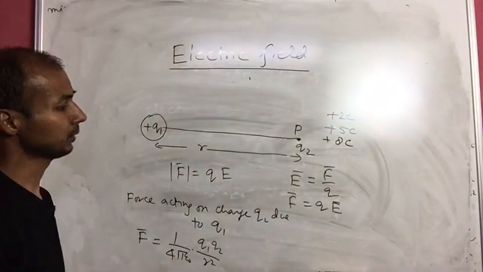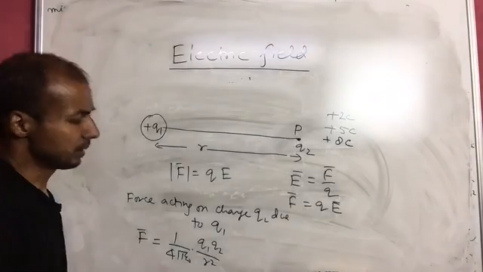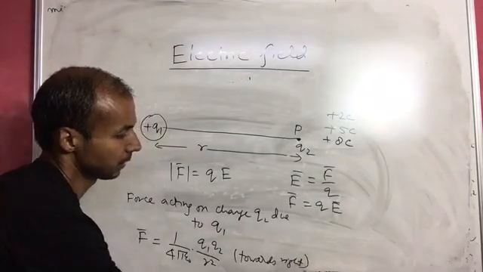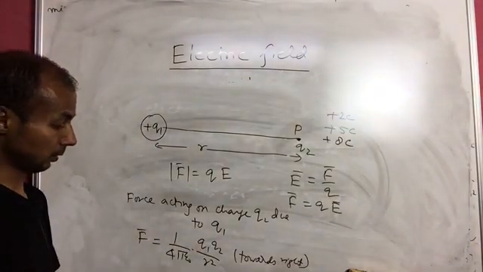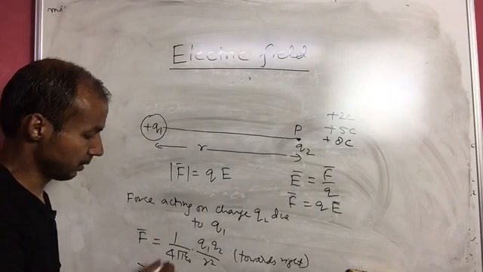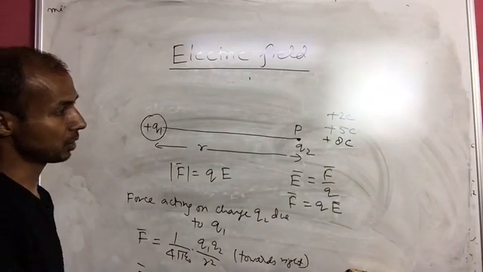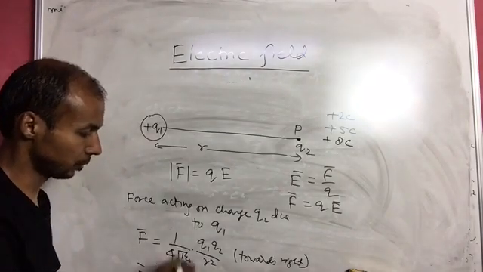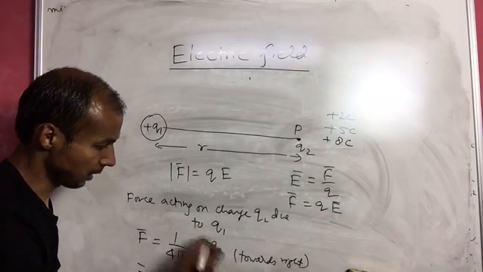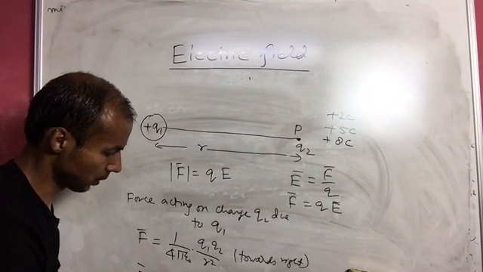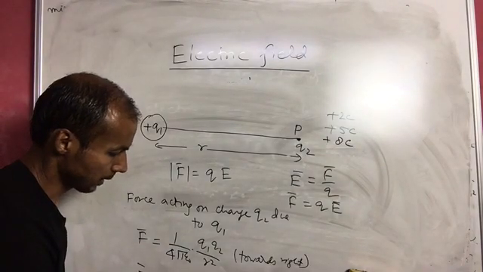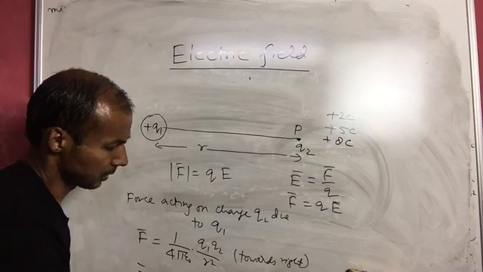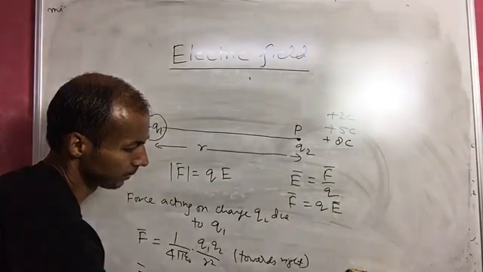And the direction is you can say towards right. Okay, so the value of electric field will be this force by charge, now divided by which charge? q2, because this much force is acting on q2 charge, so how much force is acting on unit charge, divided by q2. So if you divide this thing by q2, you get 1 by 4 pi epsilon naught q1 by r square. This is the value of electric field towards right.